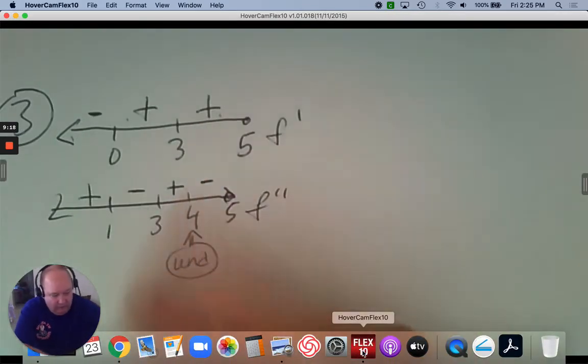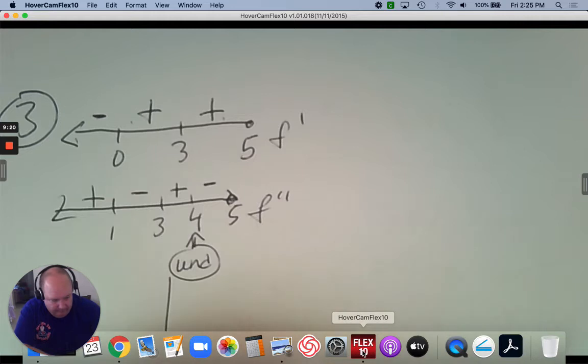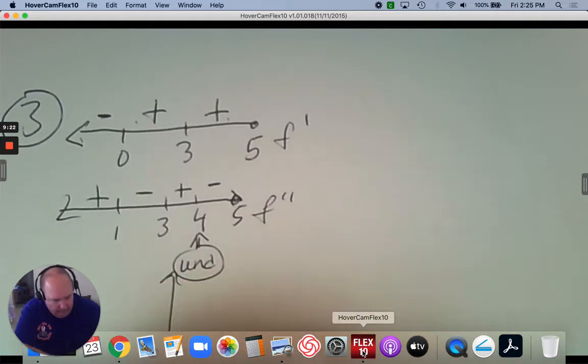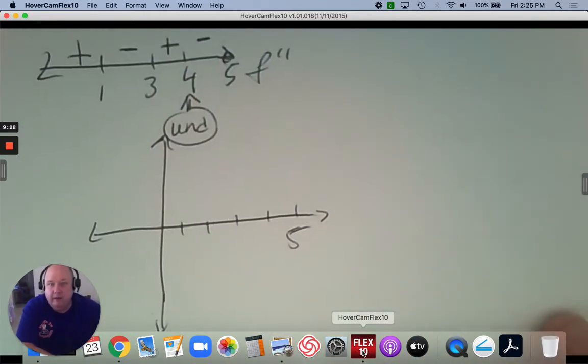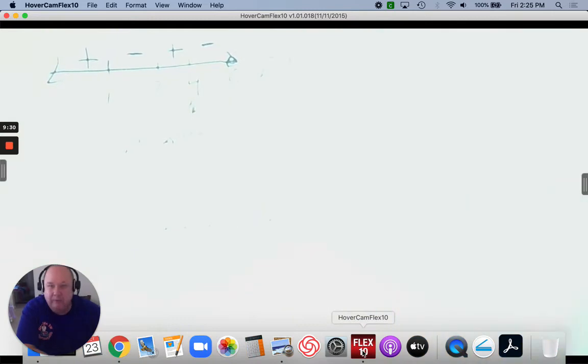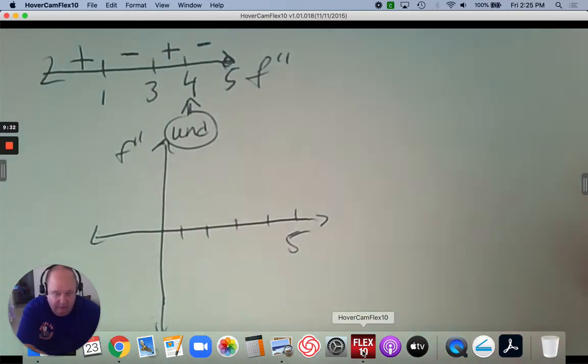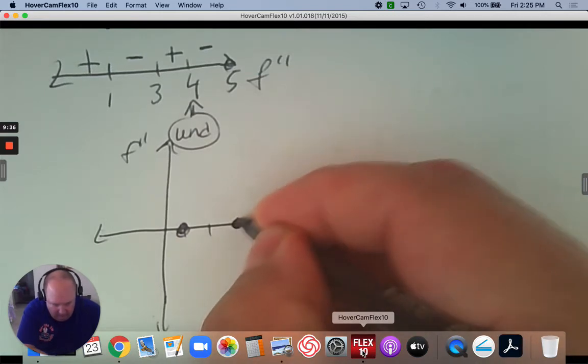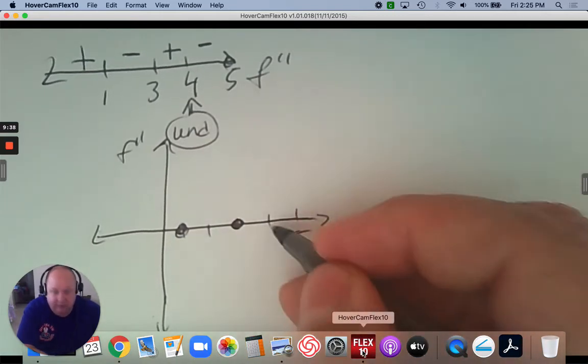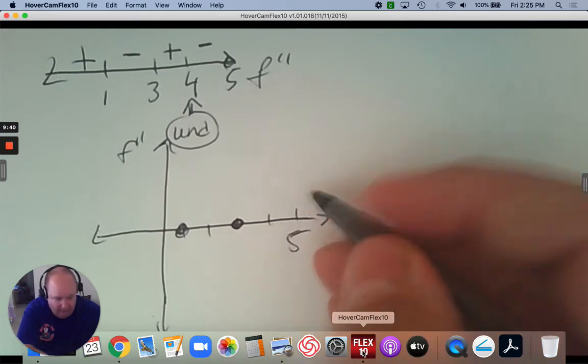So let's sketch it. So this is the second derivative. What would the sketch look like? So positive 1, positive 3. I said at 4 it's undefined, so I'm not going to put it there.